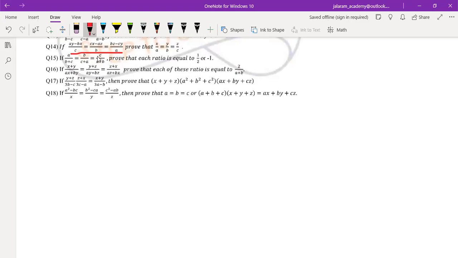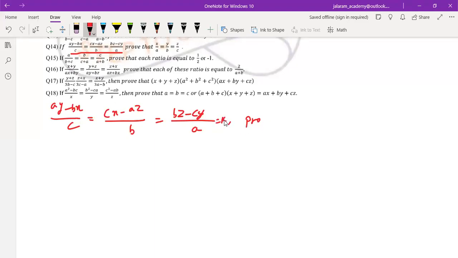If there are three ratios equal to each other, like (ay - bx)/c = (cx - az)/b = (bz - cy)/a, then if we assume them to be k, k equals the sum of antecedents upon the sum of consequents. Using that, we have to prove that x/a = y/b = z/c.